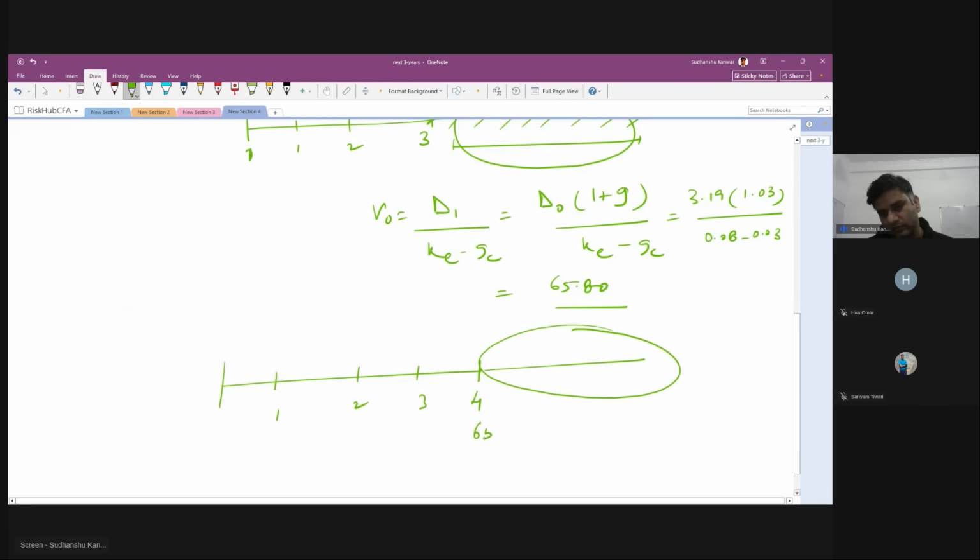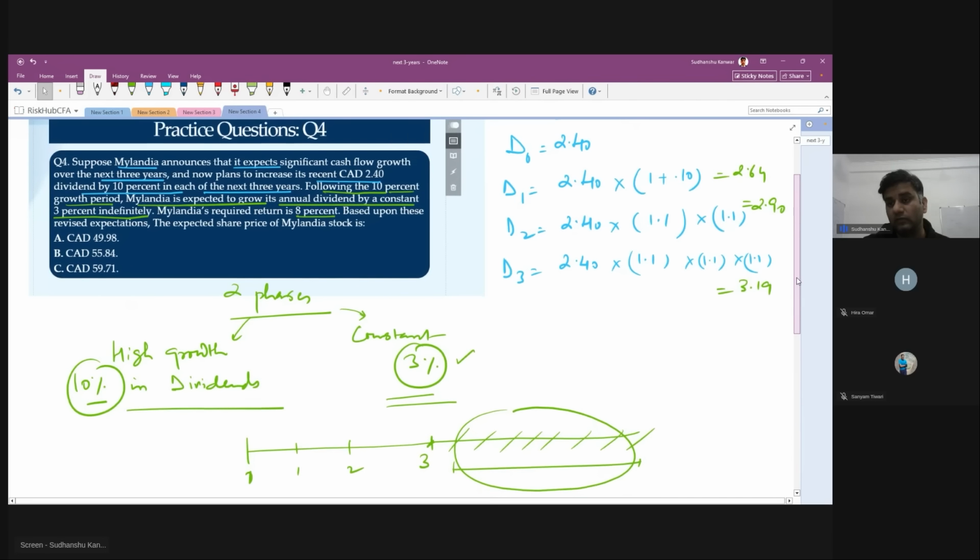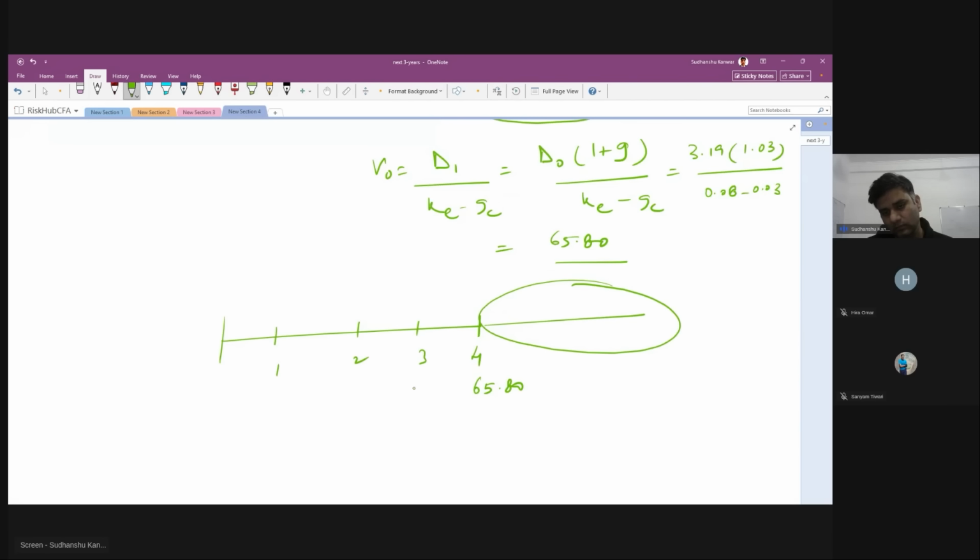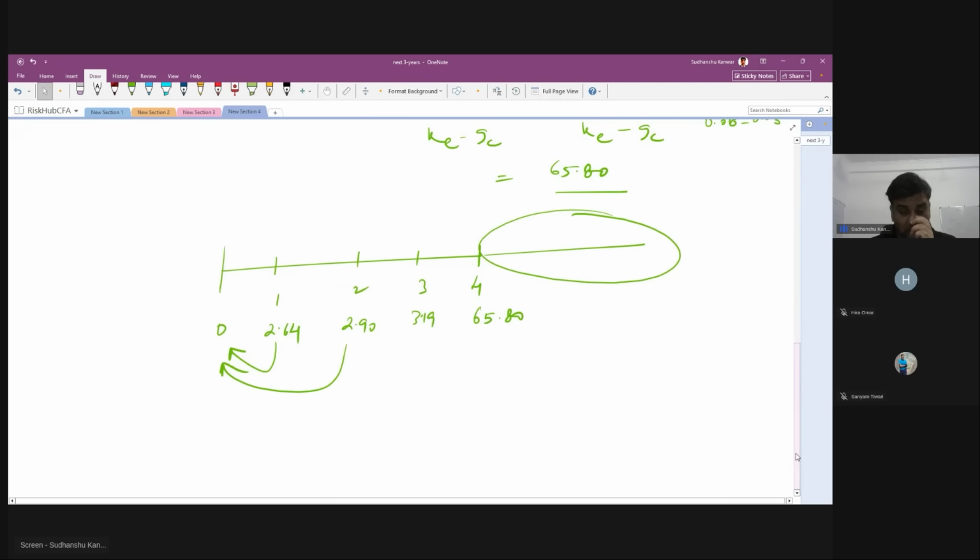So 65.80 is the fourth cash flow, along with 3.19, 2.90, and 2.64. When you have three or four different cash flows, you have to take the present value, because ultimately you have to find the value today. Your cash flows come at different times, and that's why it is called the dividend discount model, as we are studying in discounted cash flow.